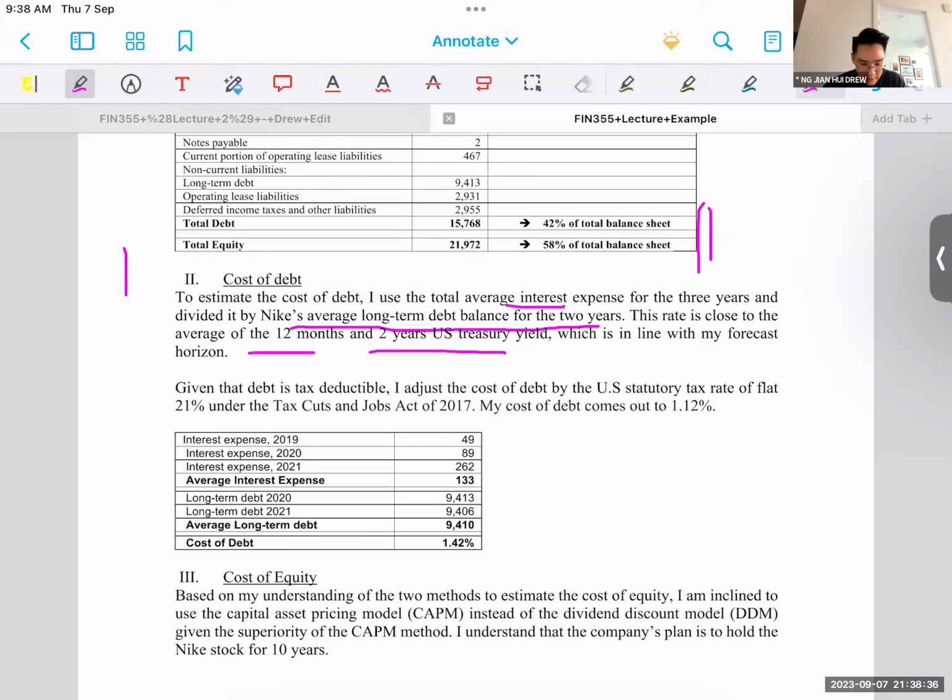Given debt is tax deductible, I adjust the debt by the US statutory rate of a flat 21% under this new act. So he provided you with how he calculated the cost of debt. This is before the tax adjustment.